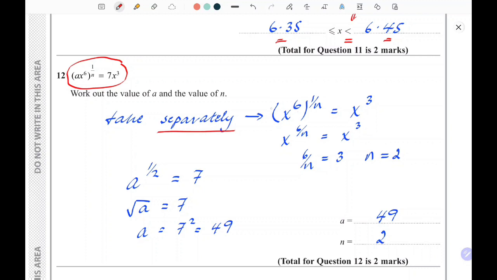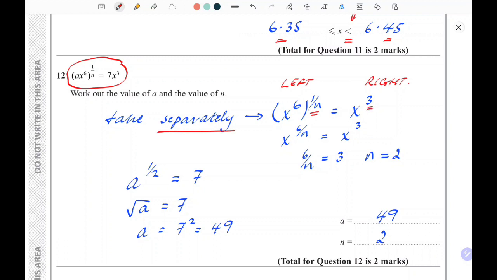And taking one at a time, let's look at the x first. On the left-hand side and on the right, we know that we've got x to the power 6 to the power 1 over n ends up as x to the power 3.